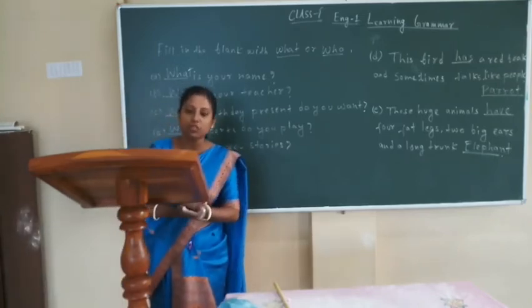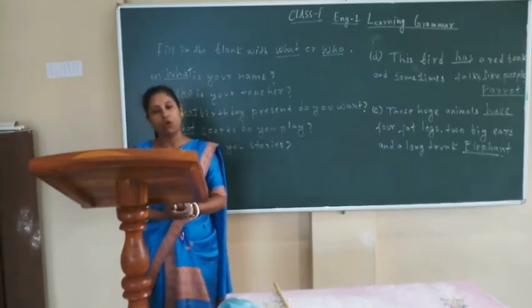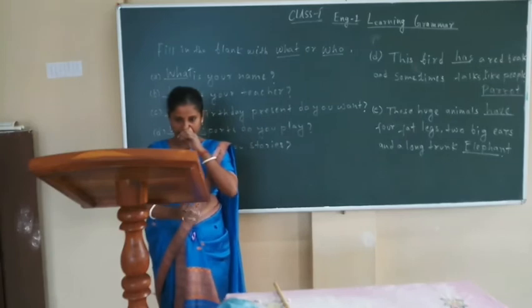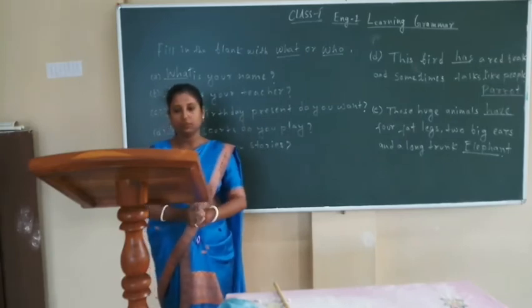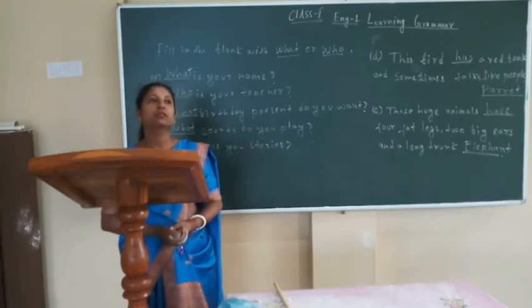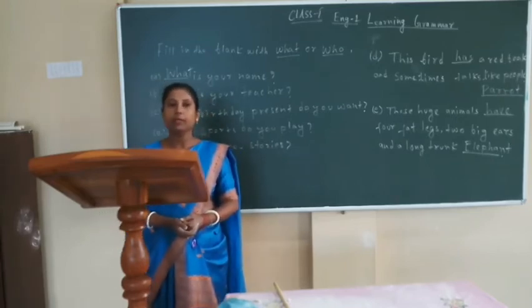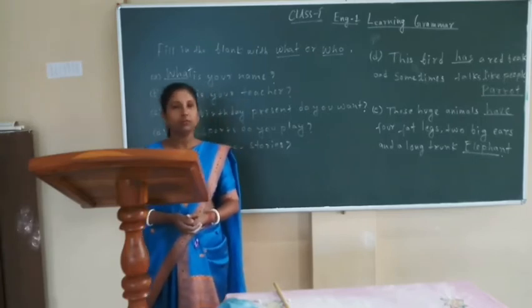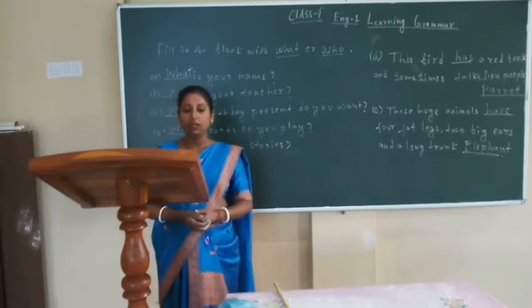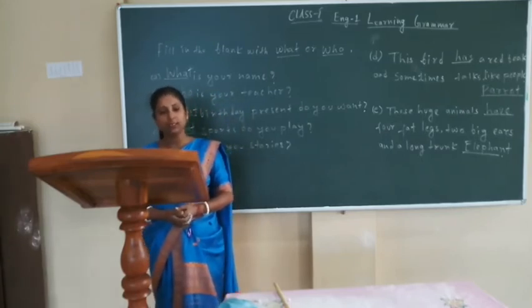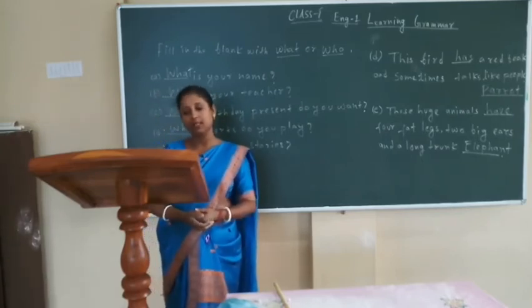Now uses of prepositions in, on, under. You know that prepositions are words which show the position of a noun or a pronoun in relation to another noun or pronoun. The preposition in shows that the thing is surrounded by something else.